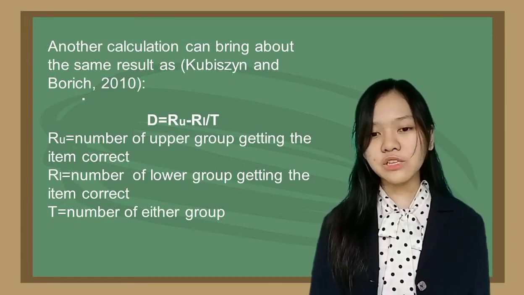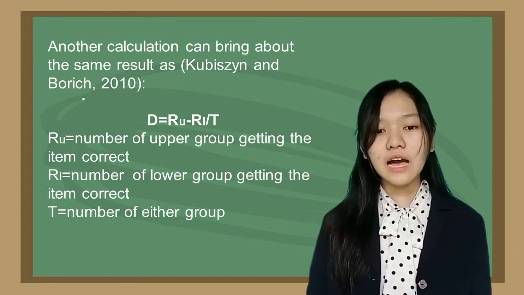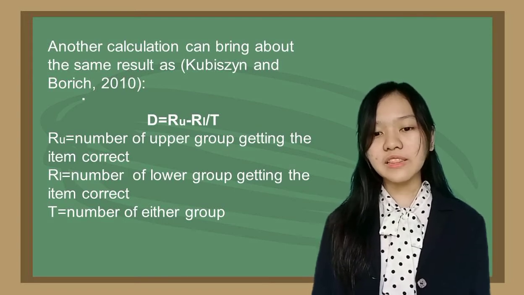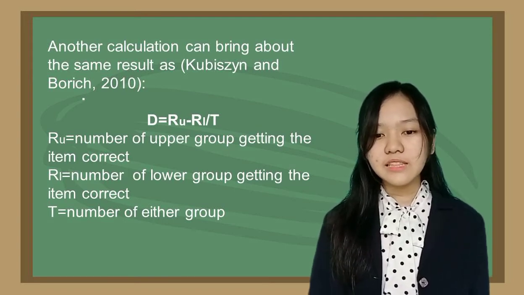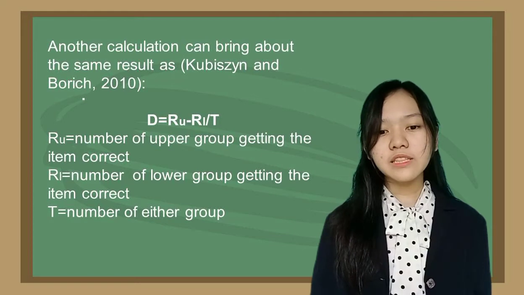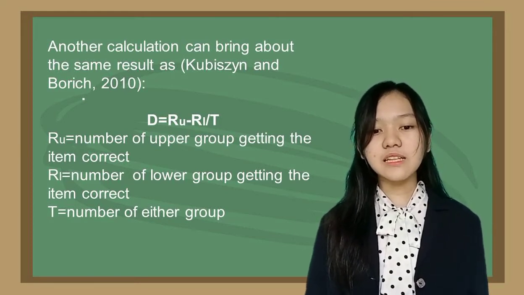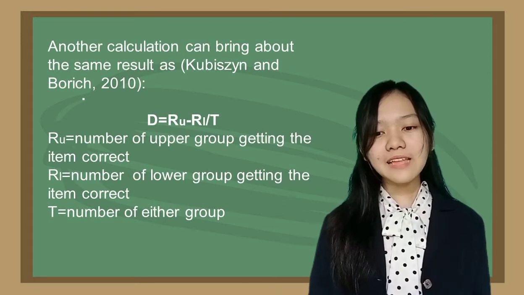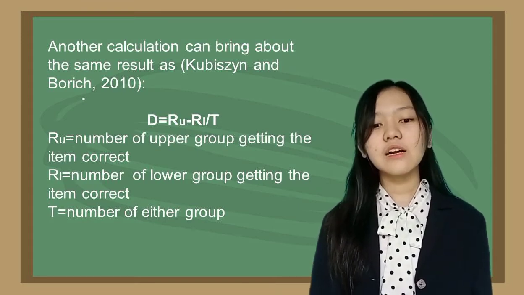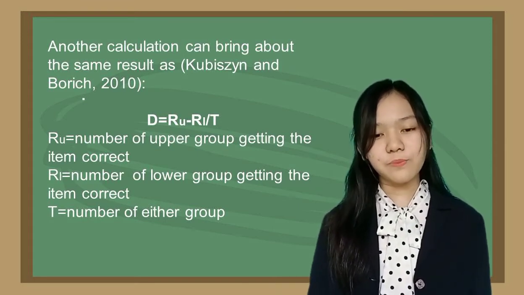Another calculation can bring about the same result, as in Kubiszyn and Borich 2010. So, D equals RU, the number of the upper group getting the item correct, minus RL, the number of the lower group getting the item correct, over the number of either group.